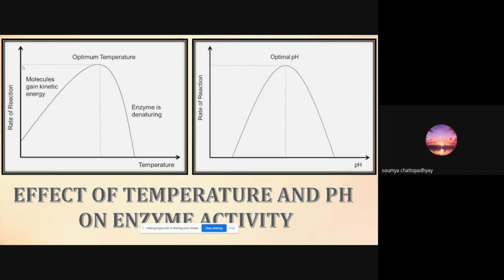If it's less than the optimal pH, the rate of reaction will decrease. If it's more than the optimal pH, then again the rate of reaction will decrease, because enzyme machineries are very sensitive to the pH. Changing the pH of the surrounding will change the shape of its active site. So that's how the pH also affects it.